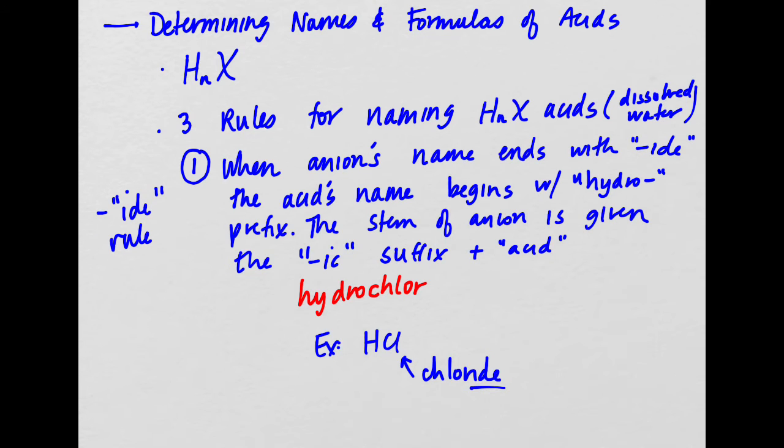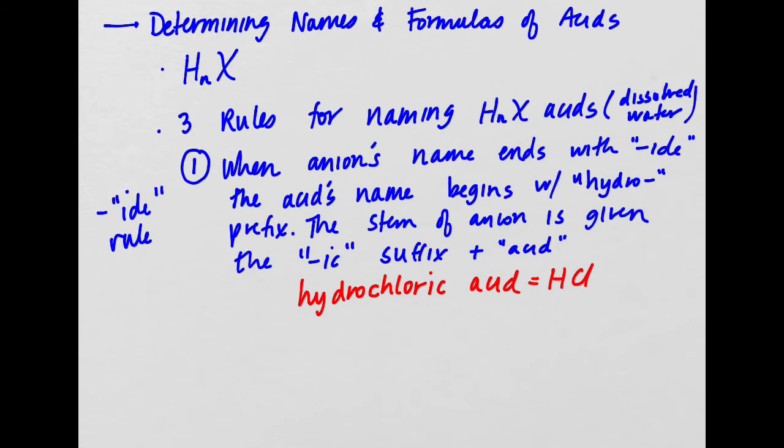We're going to drop the ide ending and add the ic ending. So we have hydrochloric right now. Then we add the word acid. We have hydrochloric acid. HCl is hydrochloric acid. We're going to do lots of examples of this. I'm just going to lay out all three of the rules, then we're going to look at more examples of each.